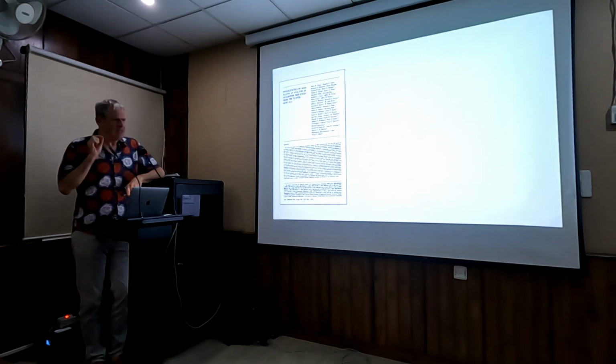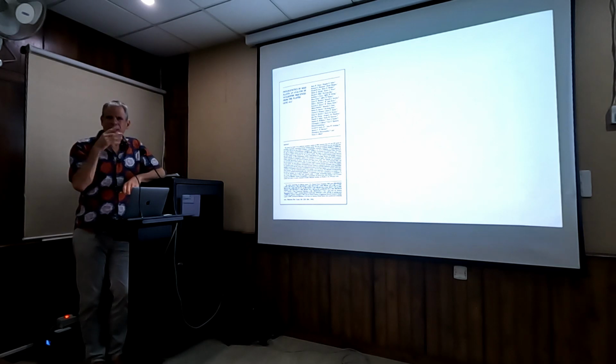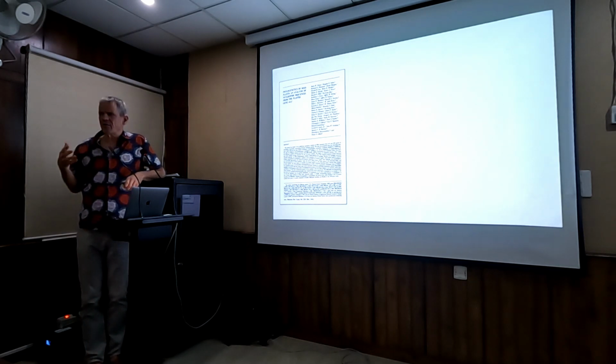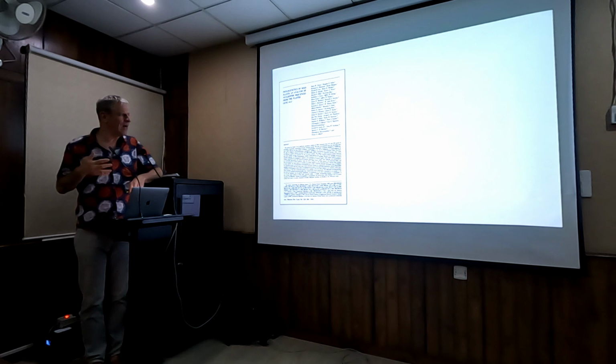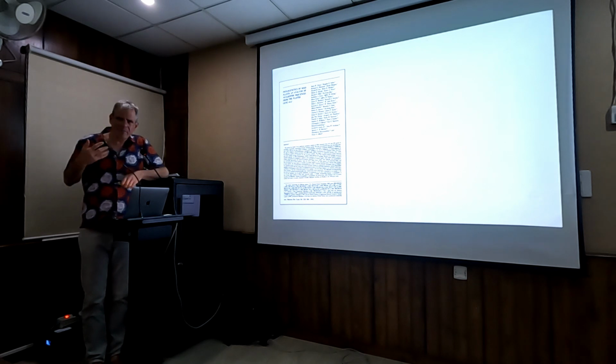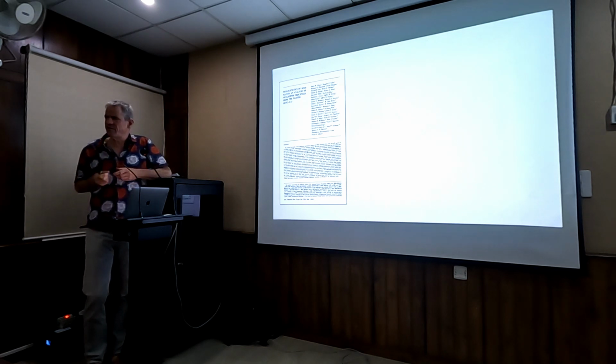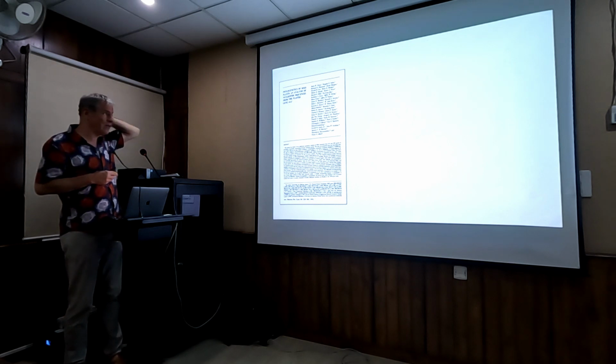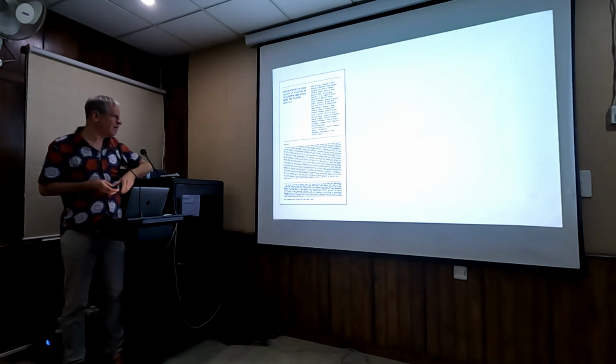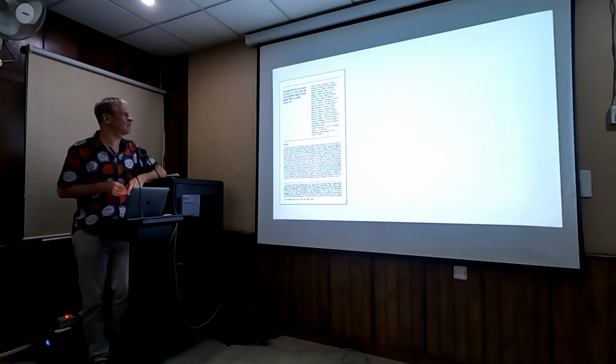Now, this was nice, what can we learn from phylogenies, but I'm going to say a bit more about how we have been making these phylogenies, how we have been inferring them. This paper is very, very important for that.